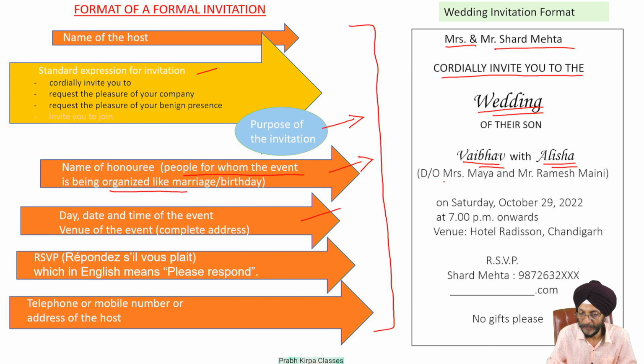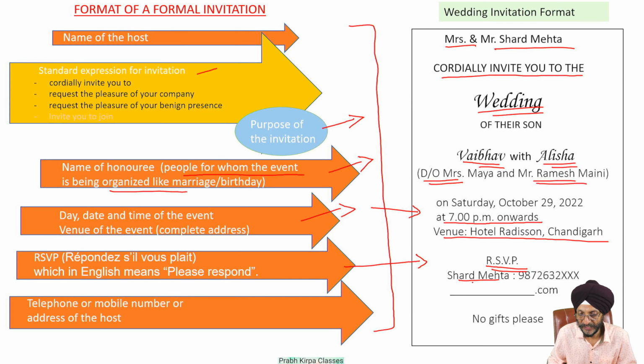Here we also mention that Alicia is the daughter of Mrs. and Mr. Ramesh Mani. Then we mention the day, date and time of the event: Saturday, October 29, 2022. Then the time is given as 7 p.m. onwards. Venue is also given. In the same way, as already discussed, RSVP.